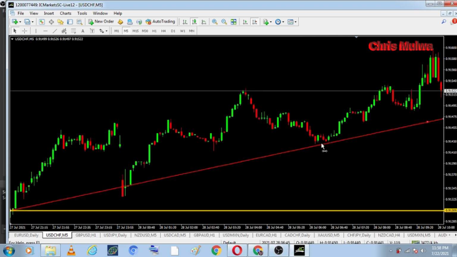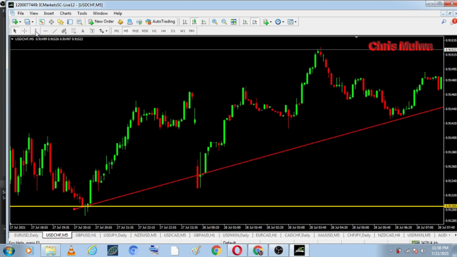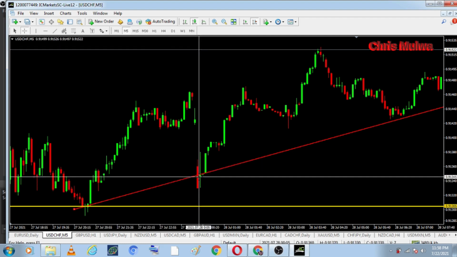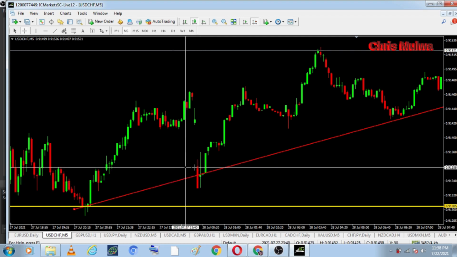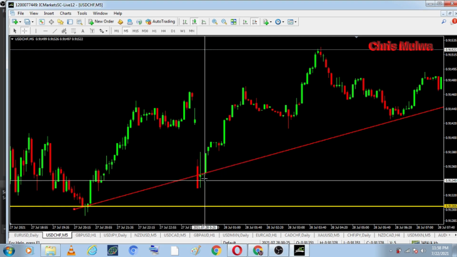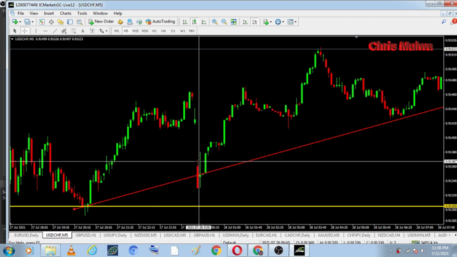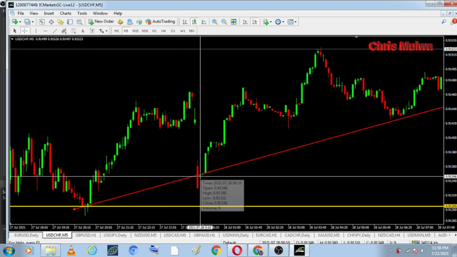As you can see, we have this market. Now I use the 2 candle rule. What do I mean when I say 2 candlestick rule? These are candlesticks.